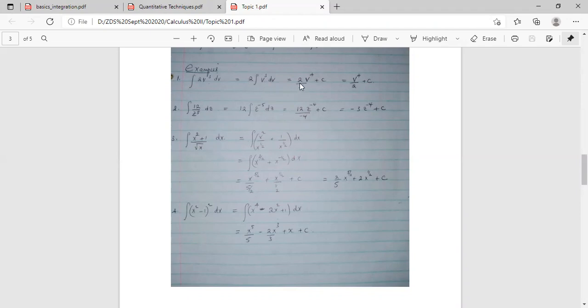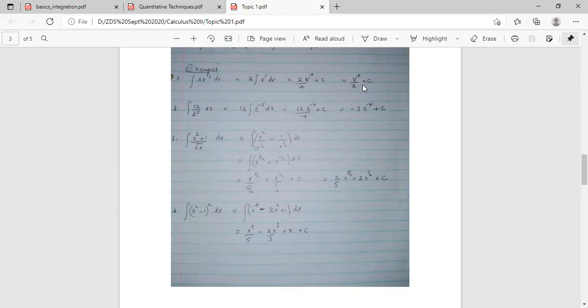So I get 2v raised to 4 divided by 4. I simplify by 2, and my answer will be v raised to 4 over 2, plus c.